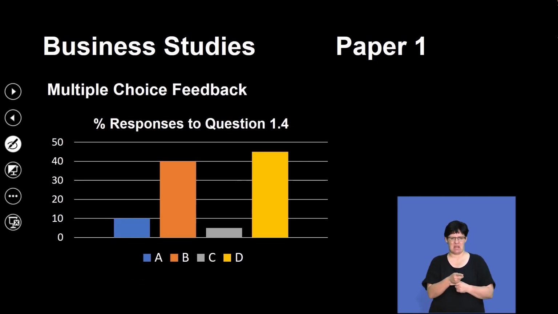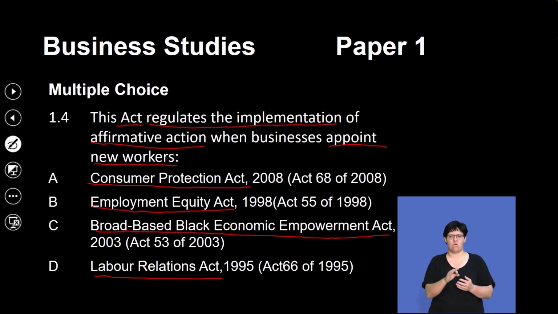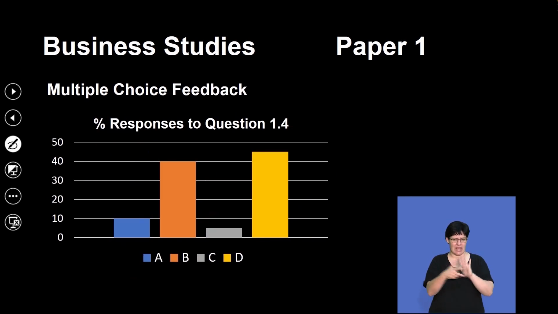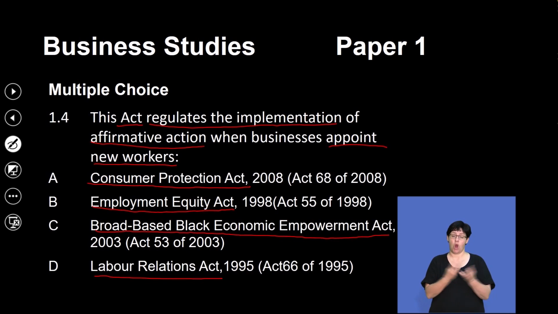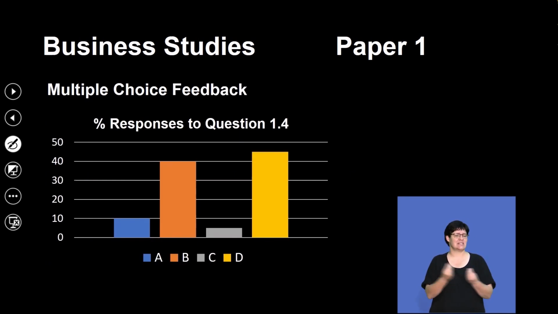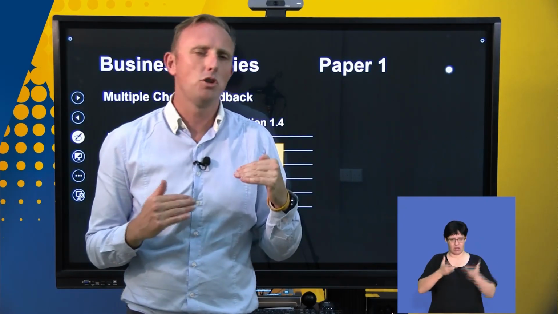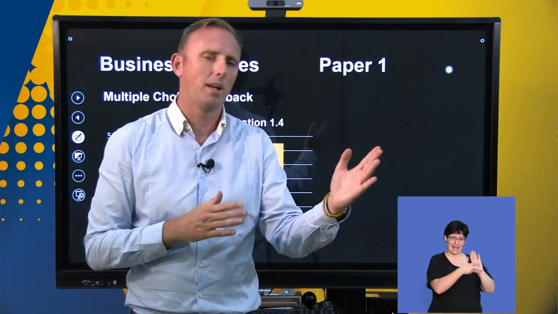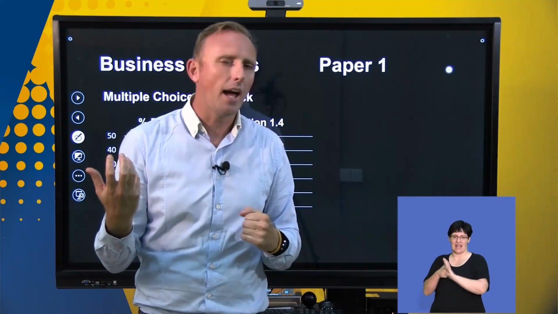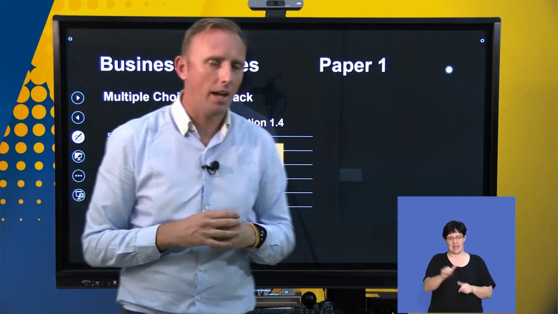So not many for the Consumer Protection Act. We've got quite a few for the Employment Equity Act. Not many for the Broad-Based Black Economic Empowerment Act, and then a lot of you went for the Labor Relations Act. Now, this is something where a lot of you get confused between the Employment Equity Act and the Labor Relations Act when it comes to affirmative action.